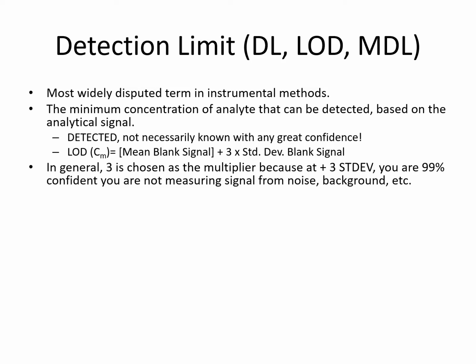In quantitative analysis, 3 is chosen as the multiplier because at plus 3 standard deviations, you are about 99% confident you are measuring the signal, not signal from noise, the background, etc. It is distinguishable from the noise or the background.